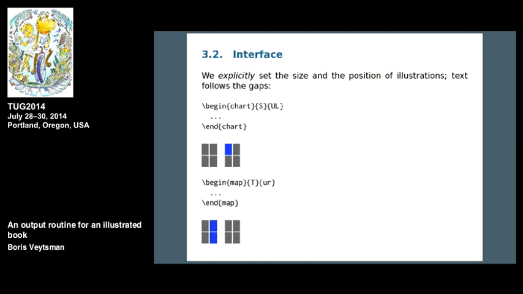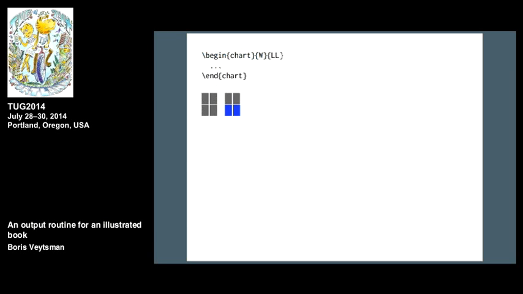Or you can say begin map, which would be T, tall, upper right in lowercase. It means that it starts in the upper right on the even page. Same is WLL, or big UL, which means that it occupies 4 quadrants.